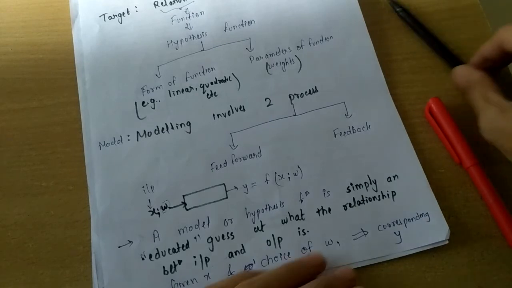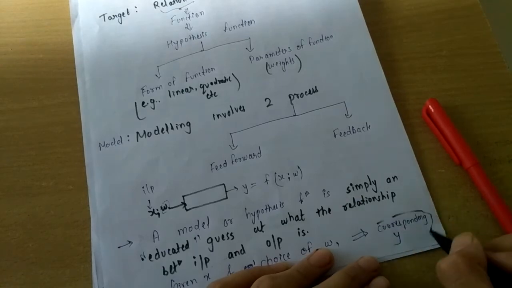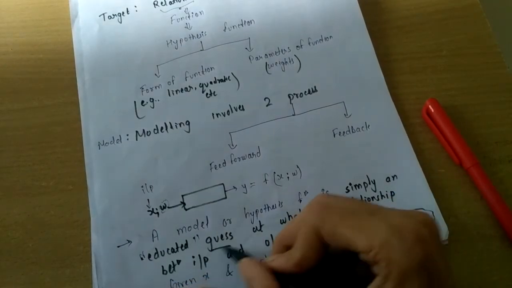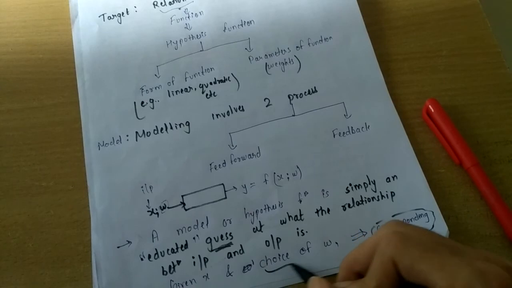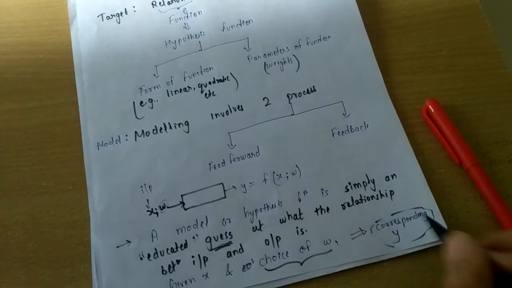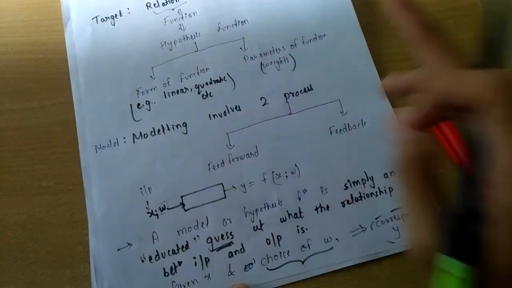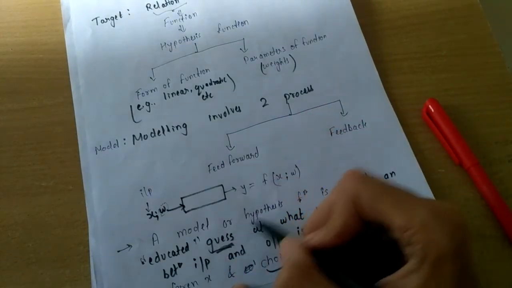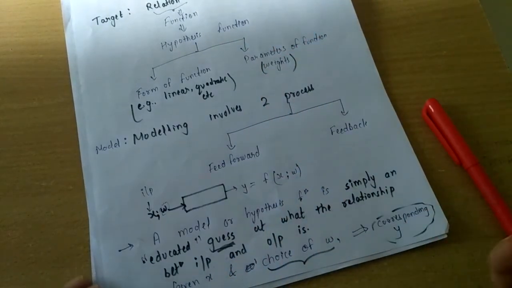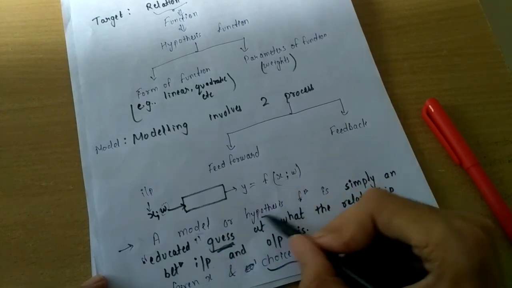Now we have to update this output because we got the output as per our guess, as per our choice of w. But this output is not what we exactly want. There might be some error. So we will update the weights, or the parameters, of the function that we choose, because we also choose our model, that is our function.